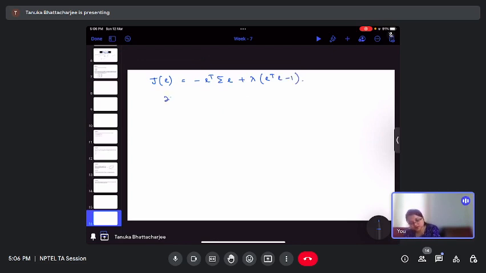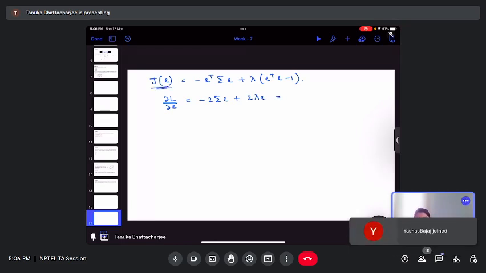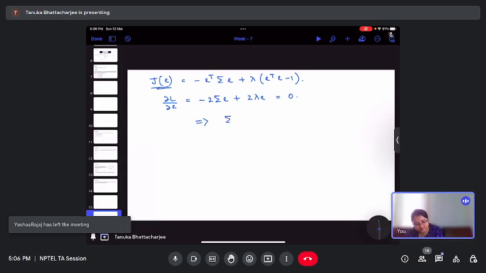J of E is minus of E transpose sigma E plus lambda times the constraint. If you take the derivative with respect to E, it becomes minus 2 sigma E plus 2 lambda E. This is the derivative. So, to optimize this function with respect to E, you will have to make this derivative equal to 0, which leads to sigma E equals lambda E, which is basically the eigenvalue equation for the covariance matrix.